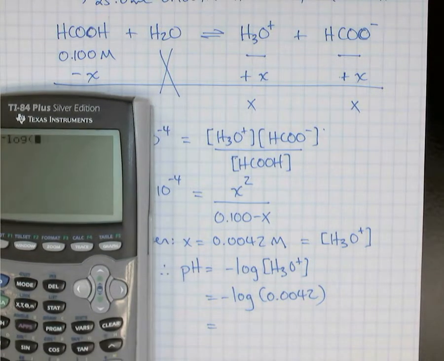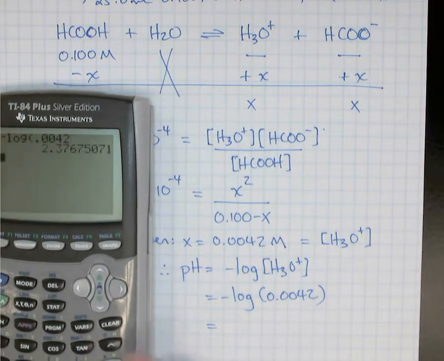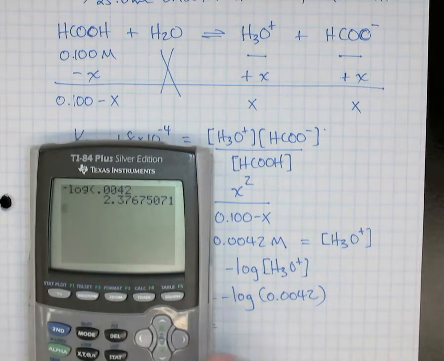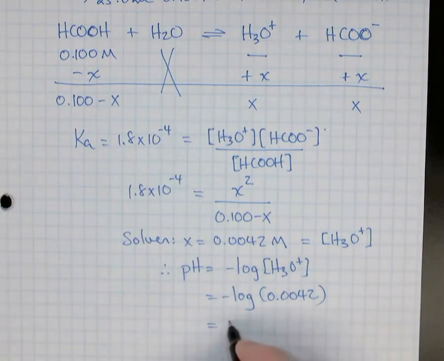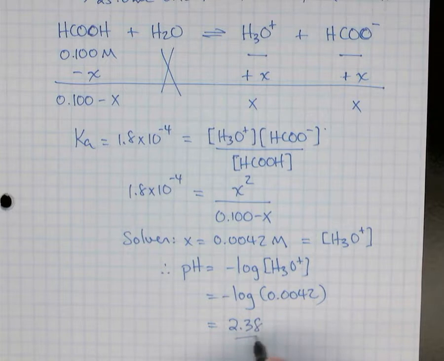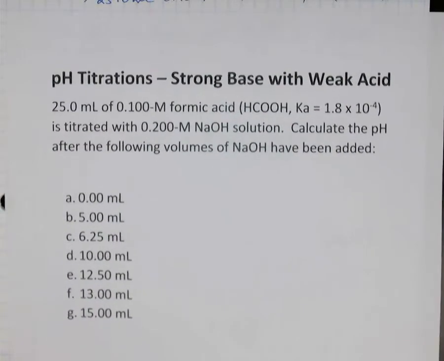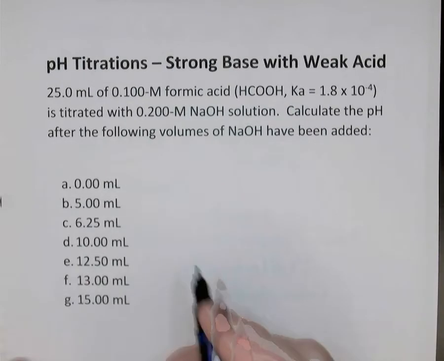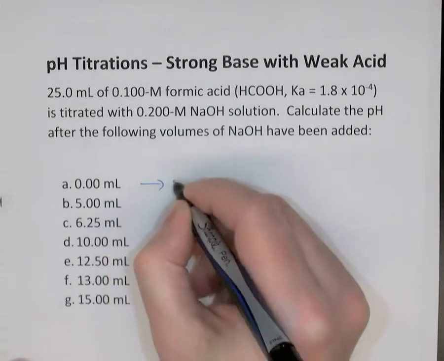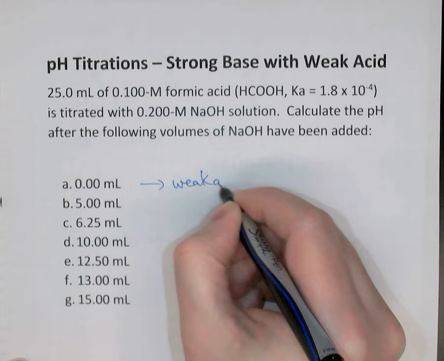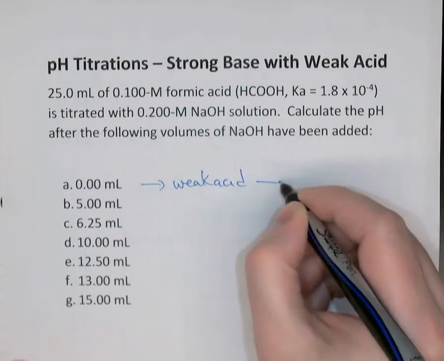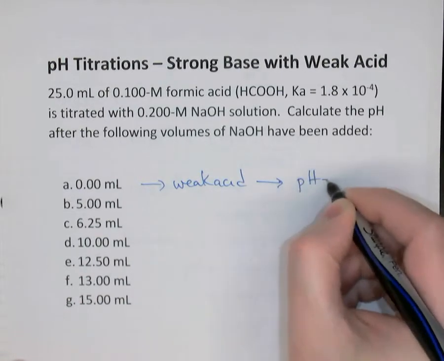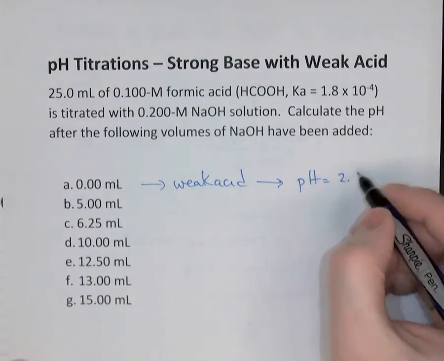So negative log 0.0042, 2.38 is the value of the initial pH in the beaker. So when no base has yet been added, the pH is just a weak acid pH, 2.38.